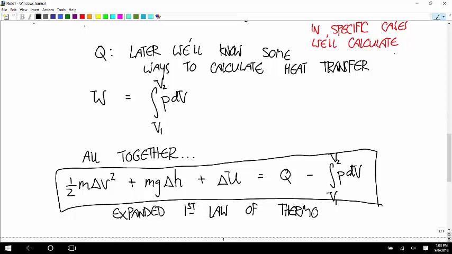Probably, I'd say actually 95% of the time, we won't even have gravitational potential. There'll be a couple of problems that'll come up where you do spring potential energy. I don't think that ever comes up in any problems I assigned this semester. But I like that way of thinking, like all of this stuff is expandable beyond what I have here.